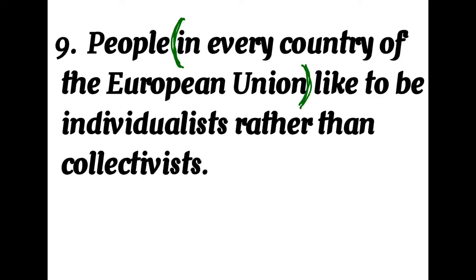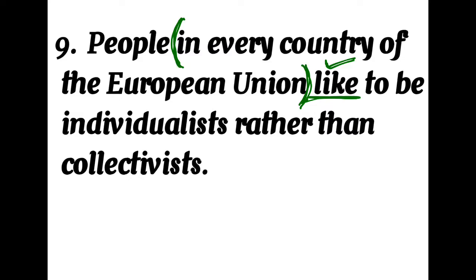So people like, or people likes, to be individualists rather than collectivists. It seems that the verb stated here itself is correct. But with the proximity rule, we might face the problem that European Union is pronounced both ways.